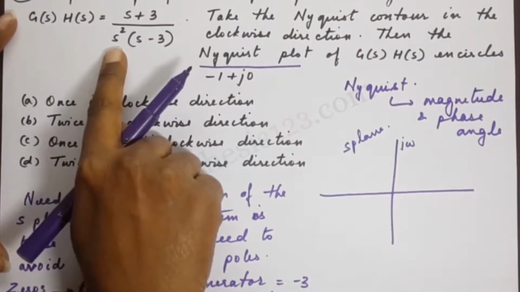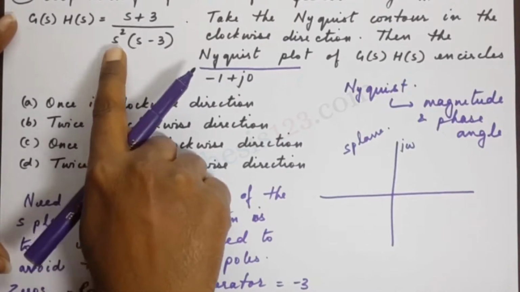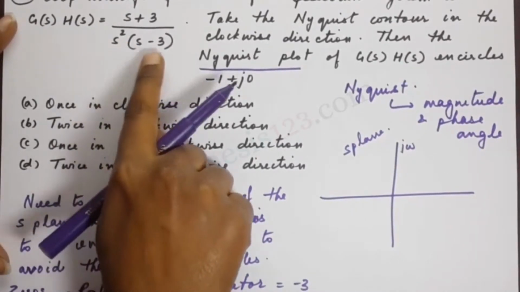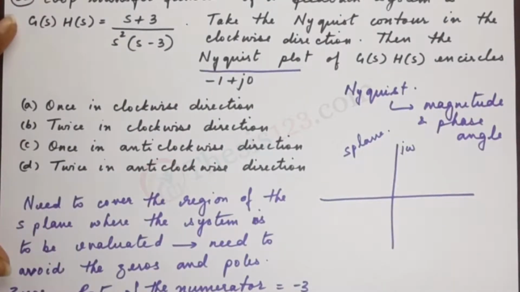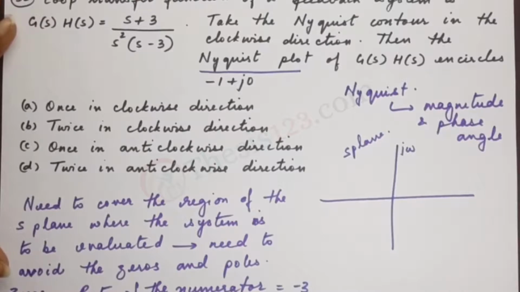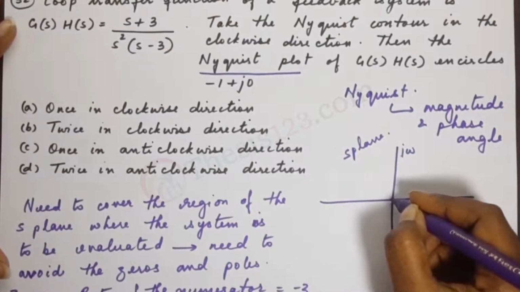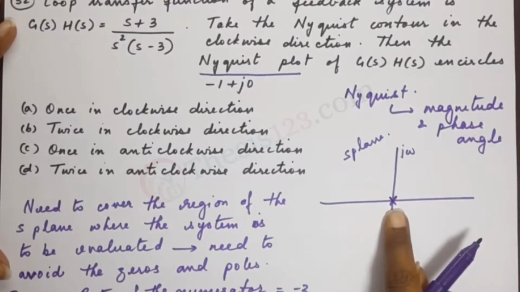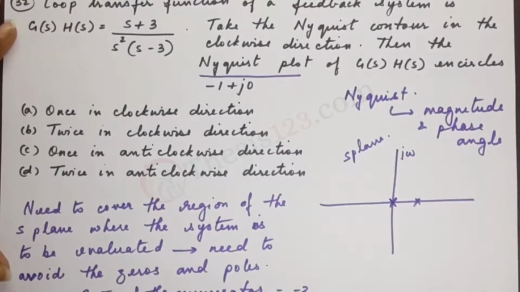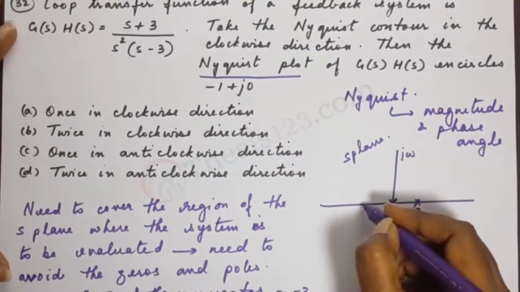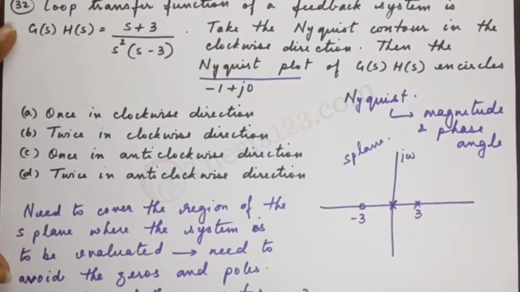For the denominator we have s², which means 0, 0: two poles, and the third pole at 3. So altogether we have 3 poles: 0, 0, 3. We have 2 poles at the origin, 1 pole on the positive axis at 3, and 1 zero at minus 3.